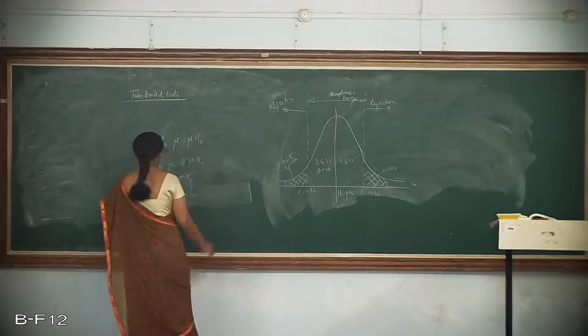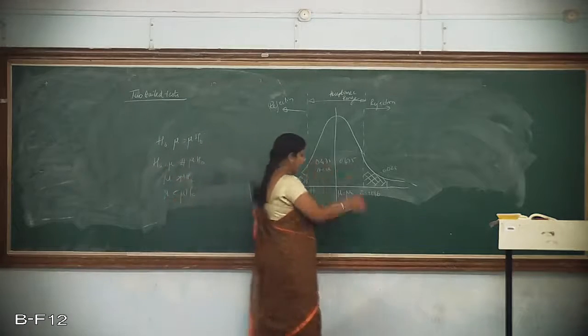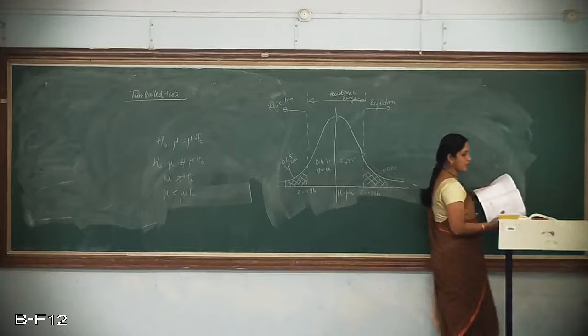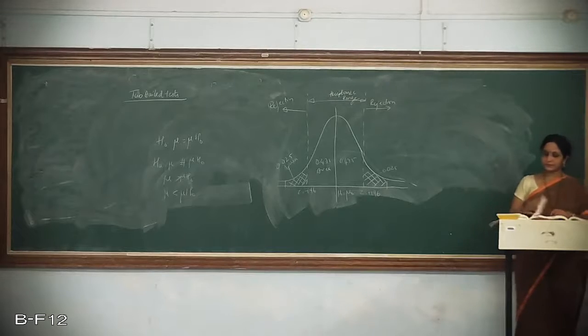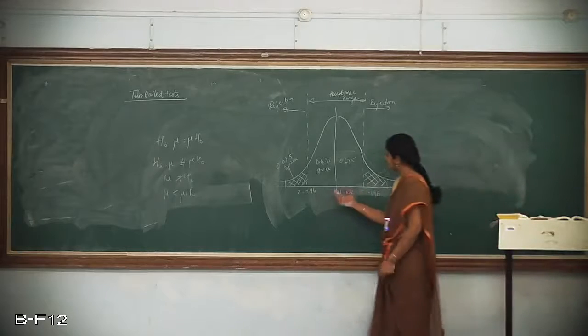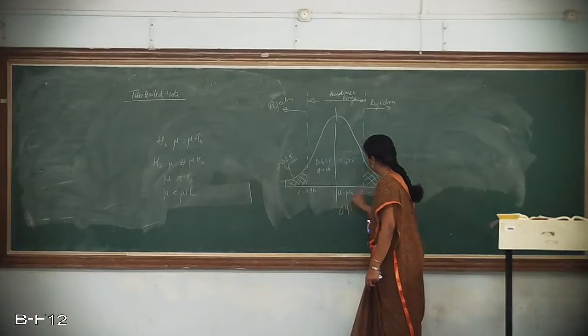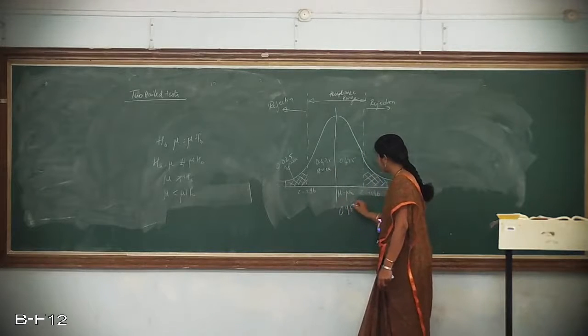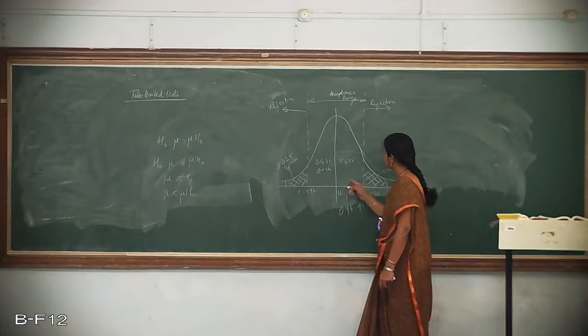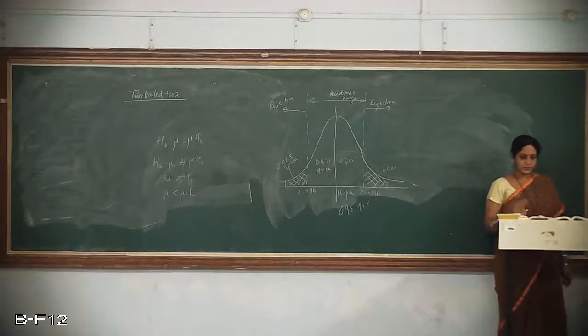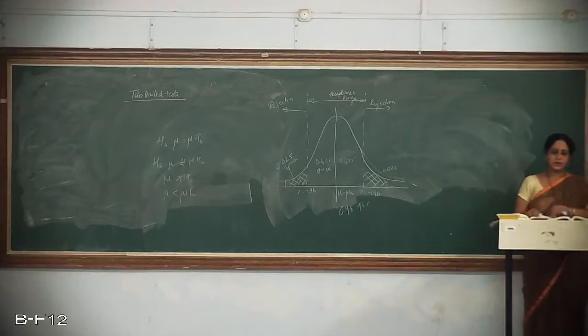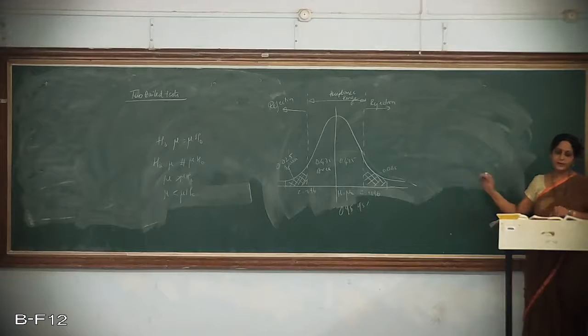So there are two rejection regions, one on each side of the tail as shown here. The level of significance here is 5% and the region of acceptance is approximately 0.95. So 95% of the area is covered under the acceptance region. Thus, this is what we call a two-tailed test.